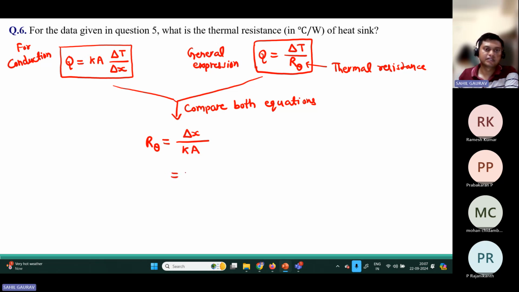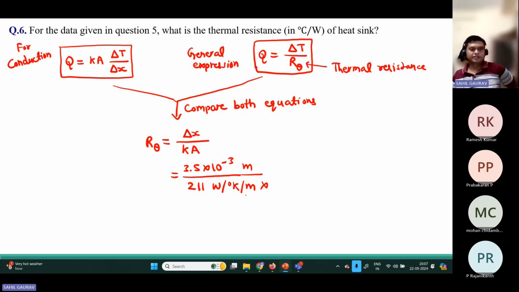So delta x is 3.5 into 10 to the power minus 3 meter, and K is the thermal conductivity. Thermal conductivity is watt per degree Kelvin per meter, and this area is 160 into 10 to the power minus 6 meter square.